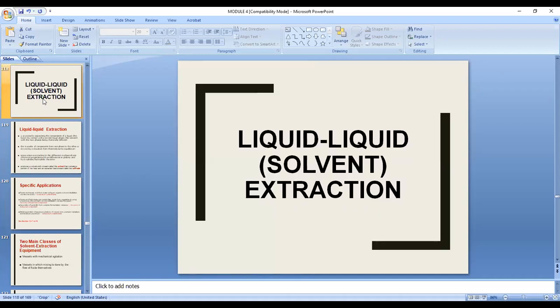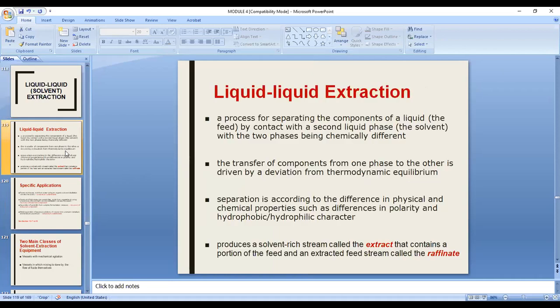extraction, or simply extraction. Now, this is a process in which we separate a component from a liquid using another liquid phase. So you have two phases here, both are liquids, and one is the feed, the other one is the solvent. Now, it is very important that these two phases are chemically different.